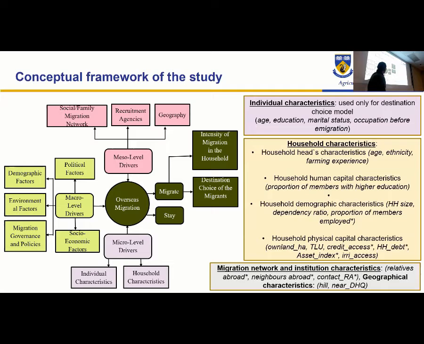So there are 3 questions in our study, and we have included the variables related with these micro level drivers and major level drivers as explanatory variables. For instance, in individual characteristics, you can see age, education, marital status, occupation before immigration that are used, but only for this destination choice analysis, whereas household characteristics such as household head's characteristics, age, ethnicity, farming experience, household human capital characteristics, demographic characteristics, physical capital characteristics, as well as migration network and institutional characteristics and geographical characteristics are used for this overseas migration and intensity analysis.